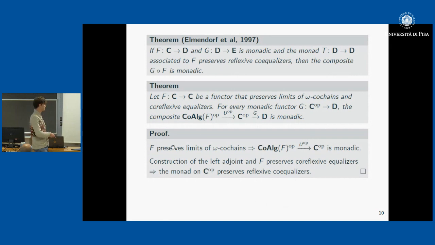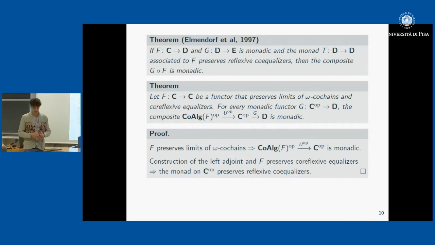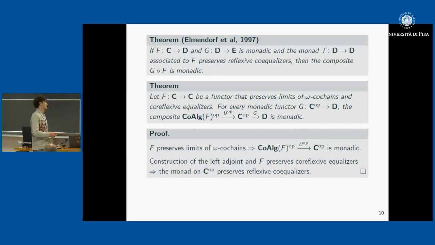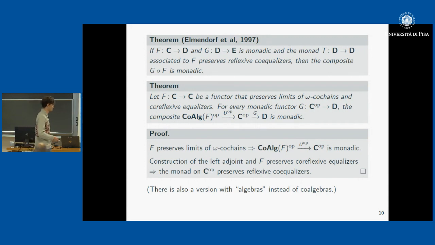Also, this hypothesis gives us a construction of the left adjoint, and we use this construction and the fact that F preserves coreflexive equalizers to prove that the monad on C up here preserves reflexive coequalizers. There's also a version with algebras instead of coalgebras, but we just needed this for coalgebras.